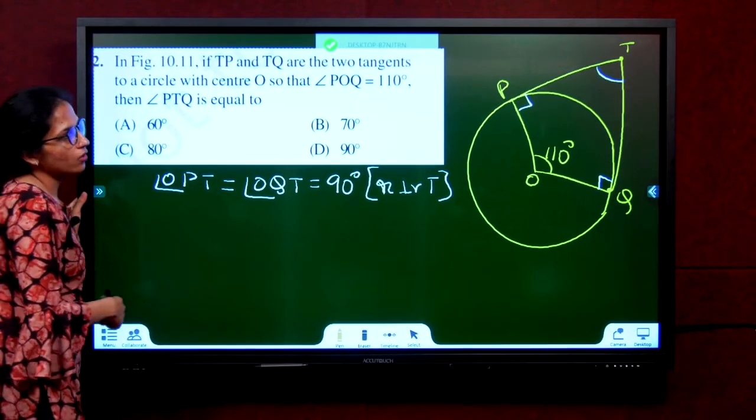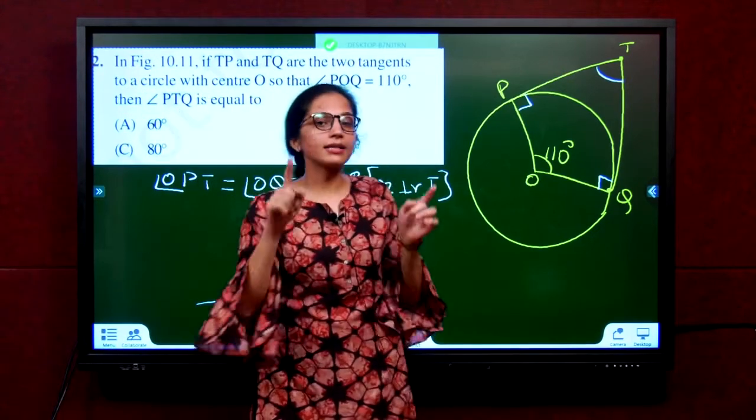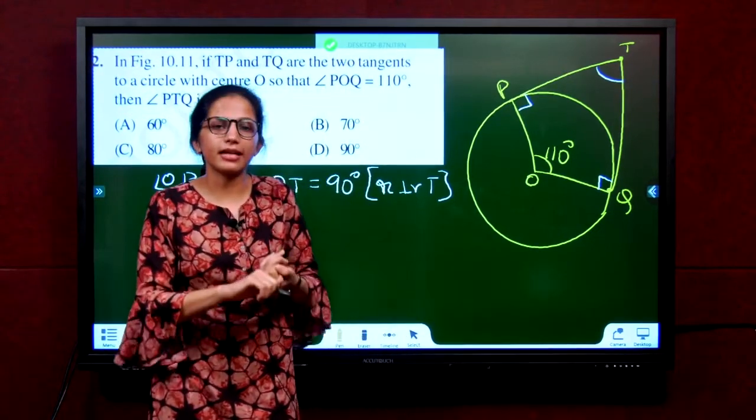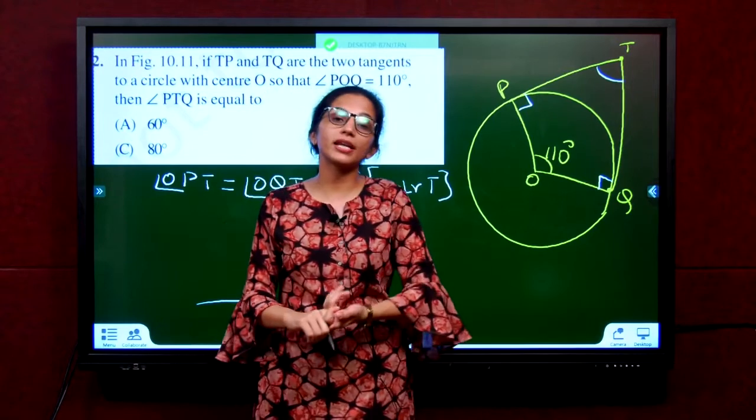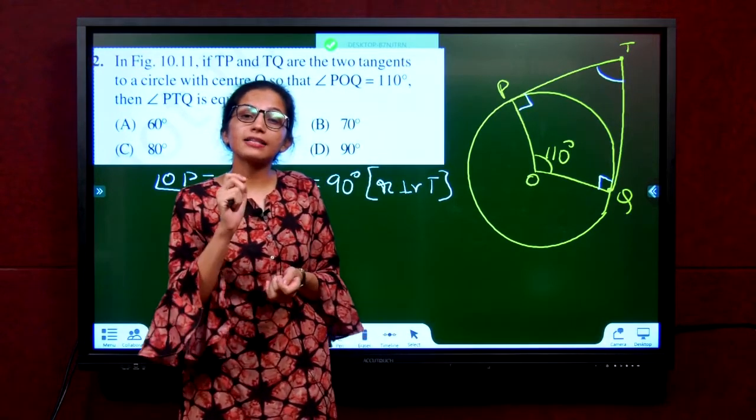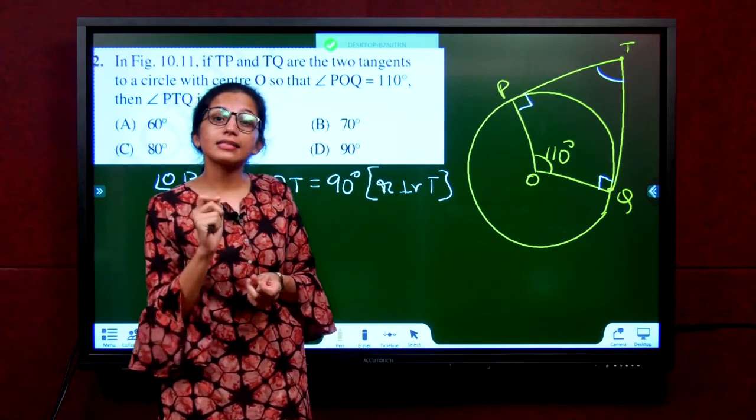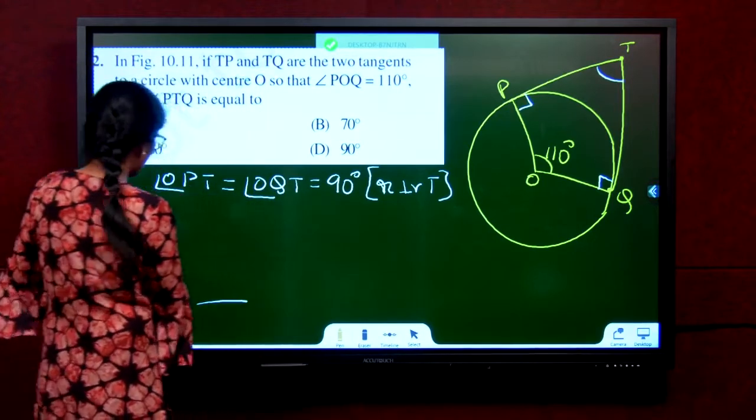Okay. So now, the sum of all angles in a triangle is 180 degrees. Sum of all angles in a quadrilateral is 360 degrees. So this is a quadrilateral.